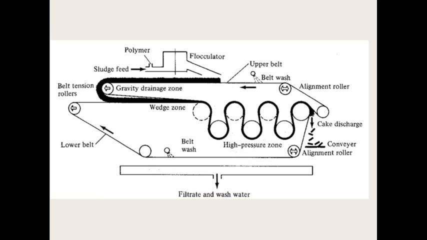And land disposal we can do, directly on land or on agriculture, or we can also use it in landscaping. And energy production, in which sludge digestion produces biogas that is converted into energy and power. So this is all about the sludge treatment methods and the disposal of sludge.